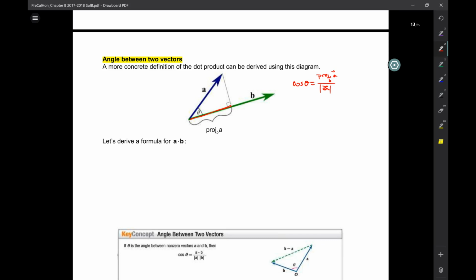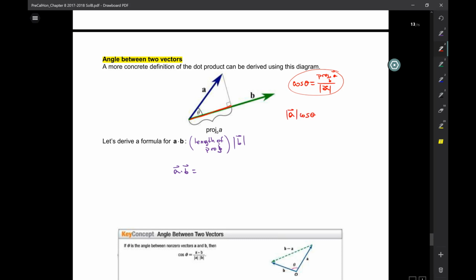Okay? So now, what does that mean? If A dot B is the length of the projection times the magnitude of B, then A dot B is equal to, take a look here. How much is the projection? If I solve that formula for the projection, it's A times cosine theta.